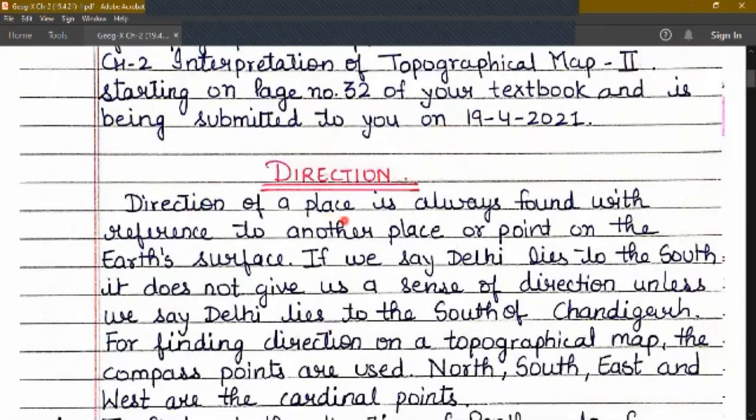Direction of a place is always found with reference to another place or point on the Earth's surface. If we say Delhi lies to the south, it does not give us a sense of direction unless we say Delhi lies to the south of Chandigarh.